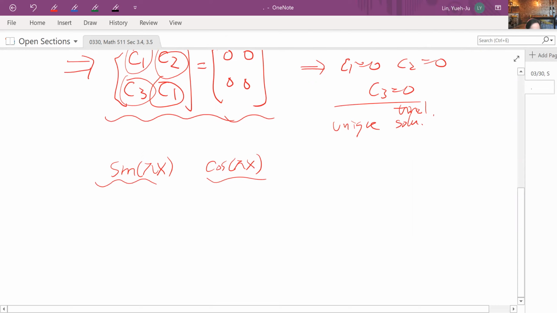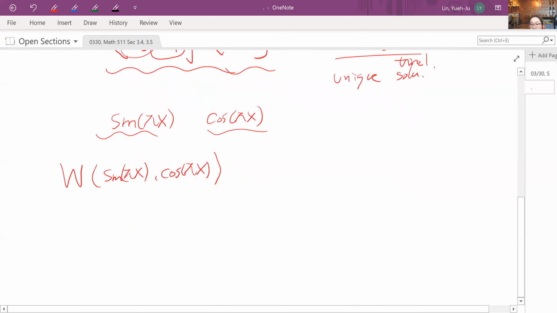I could refer you to the page before, where we talk about the Wronskian. You can check the Wronskian of these two functions. It shouldn't take too long, and this is the way you can avoid solving the equation you just set up.